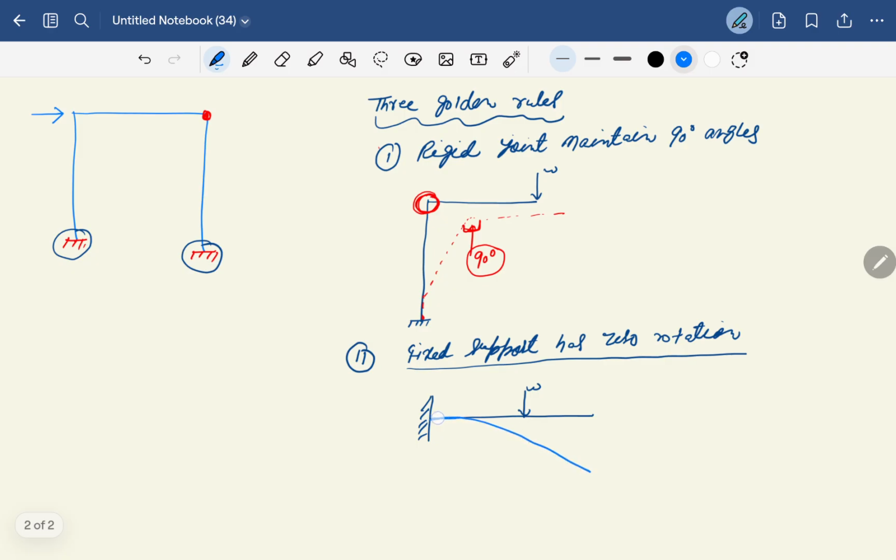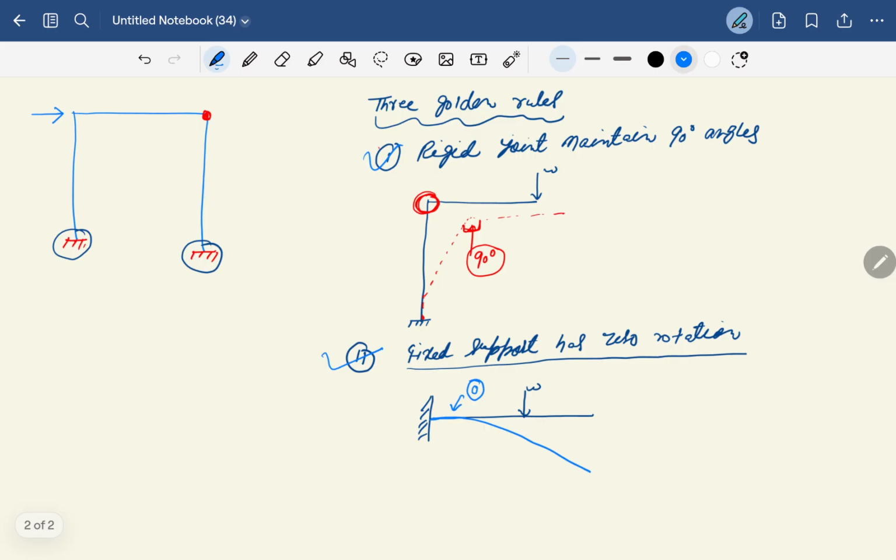Always the rotation here will be zero. Understand? So always remember that in the case of a fixed support there will be zero rotation, okay. This is the second golden rule.